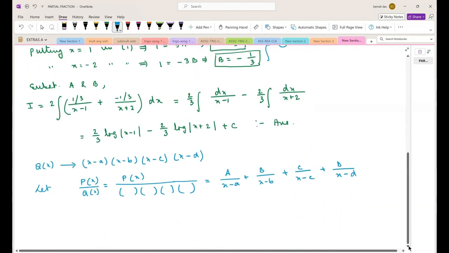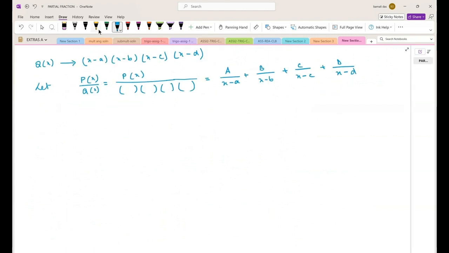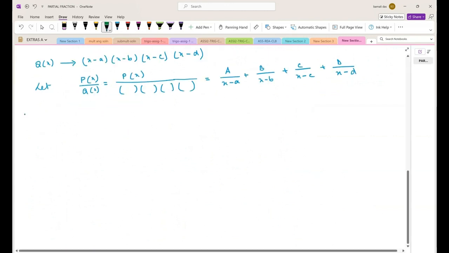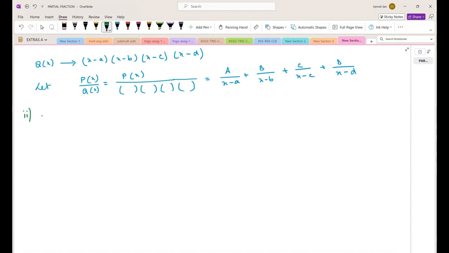Now let's go to type 2. What is type 2? Type 2 is somewhat similar, but the only difference is that in the first case the factors you obtained by factorizing qx were all linear and distinct. Here the factors will be linear but may not be distinct. That is, some of them may be distinct and some may be repeated. So that is the second case.